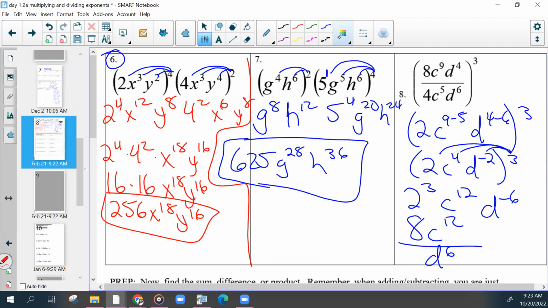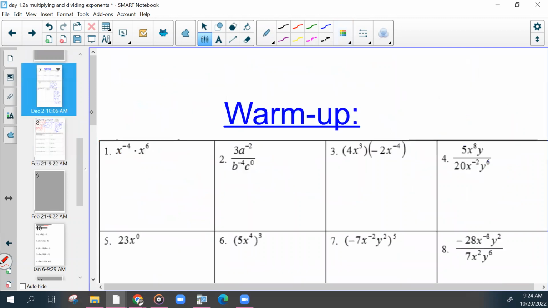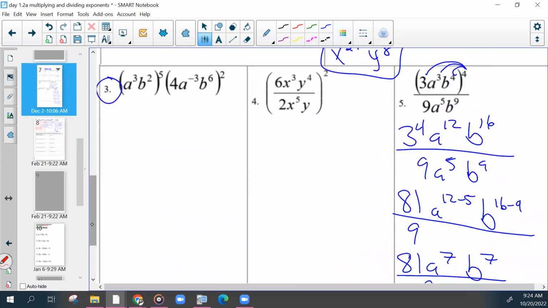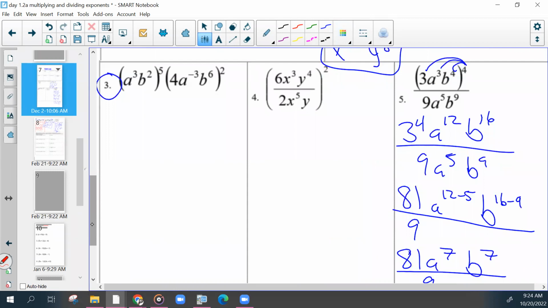Okay. Questions on that one? We'll do 3 and then get out your other notes if you don't already have them. So you guys tell me, after you multiply, what would you get?